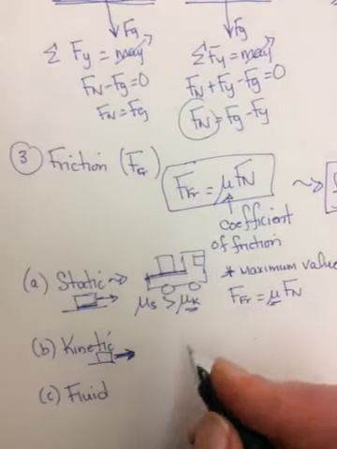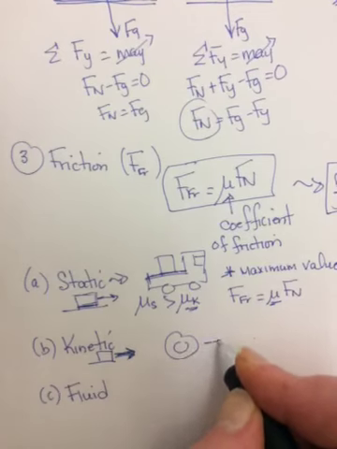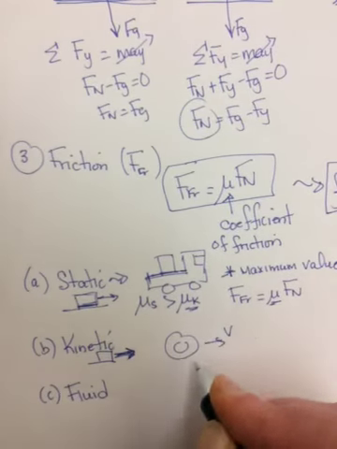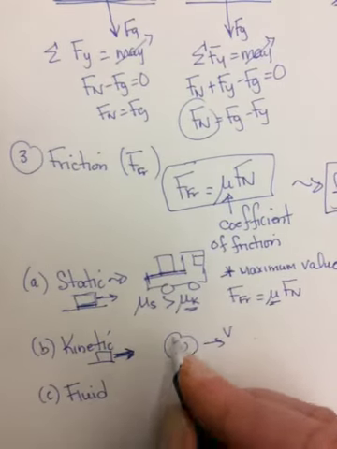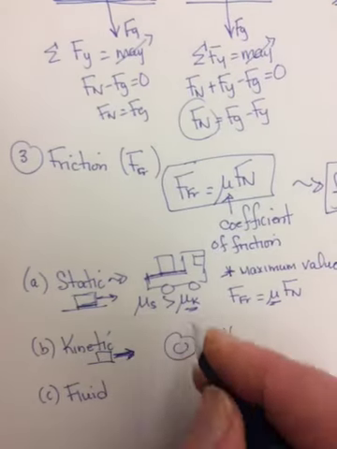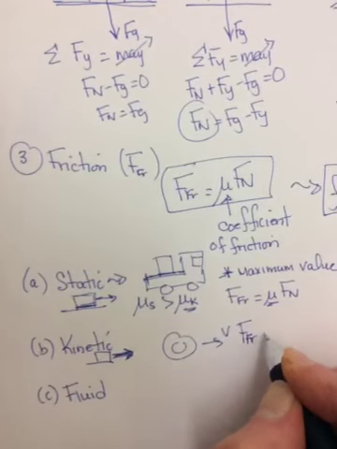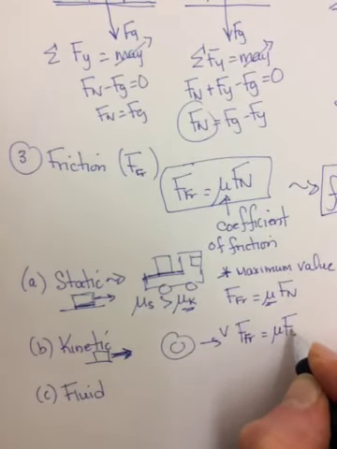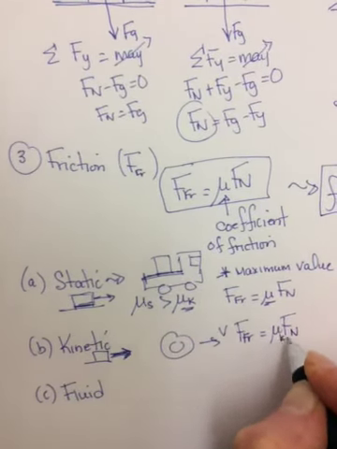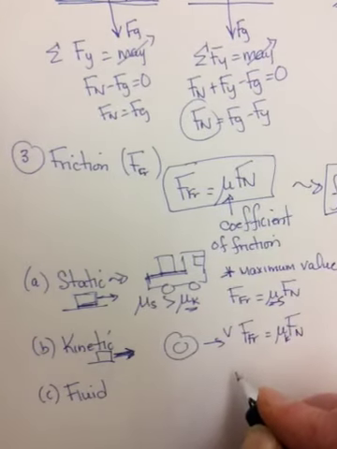There'd be friction acting on the sides, right? So the tire's moving this way. There's very little friction acting against it. The friction would be acting like into the page to try to prevent it from sliding going around a turn. Okay, so this friction also obeys the equation FFR equals mu Fn. It's just that the mu's would be different.